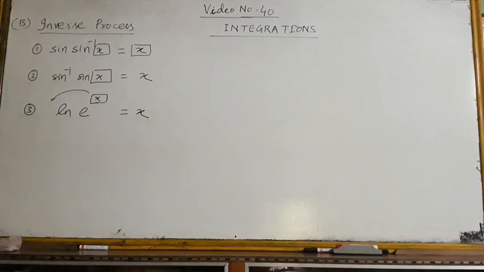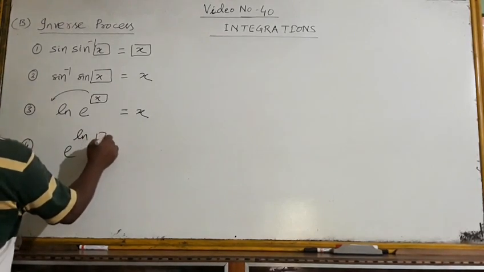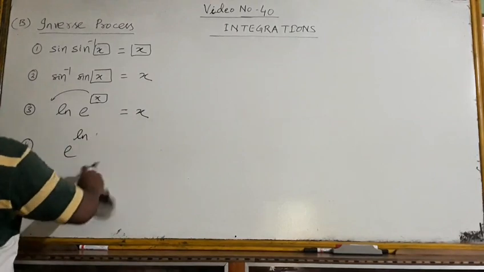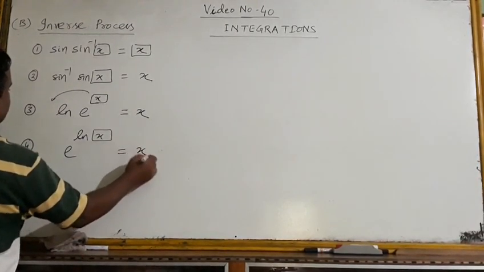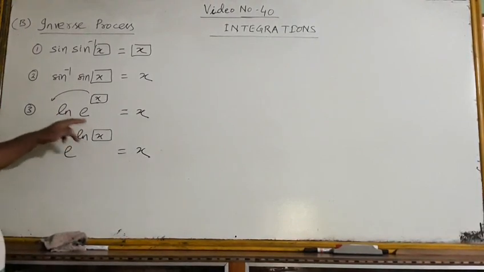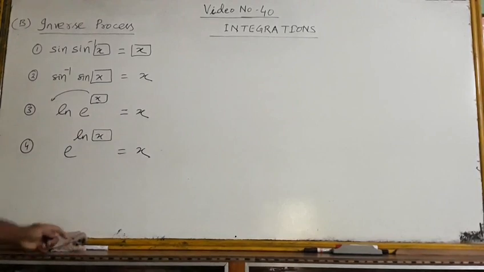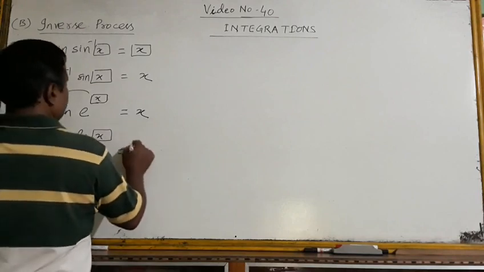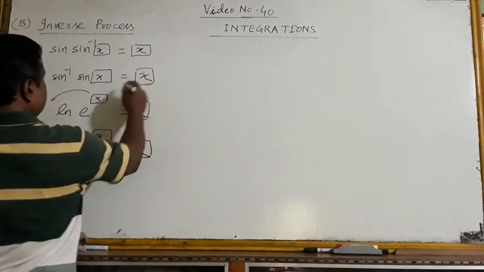Also, e to the power ln of anything, suppose I am writing here x, and you know it is already x. ln and e, they are inverse processes. Sine and sine inverse, they are also inverse processes. Like this. What are the inverse processes?